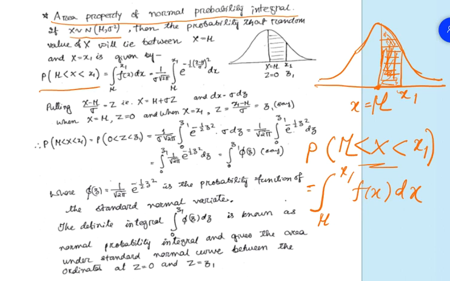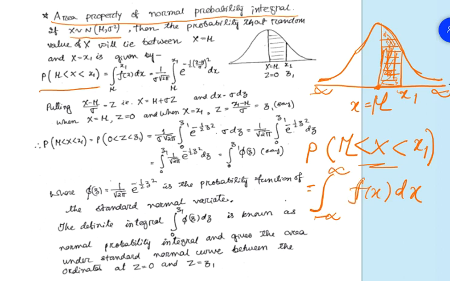If we take the area from the lowest point, which is minus infinity in the case of the normal distribution, to plus infinity, the total area is 1, which we get by integrating the function f(x) dx from minus infinity to plus infinity.